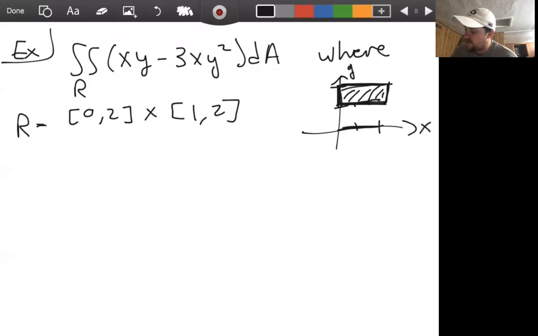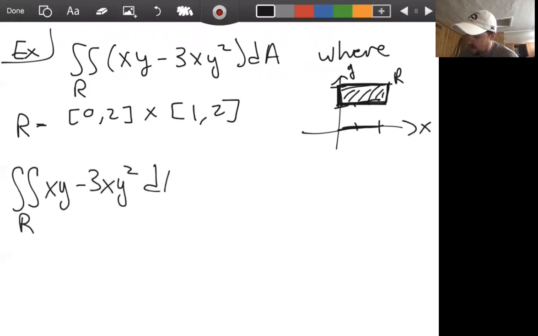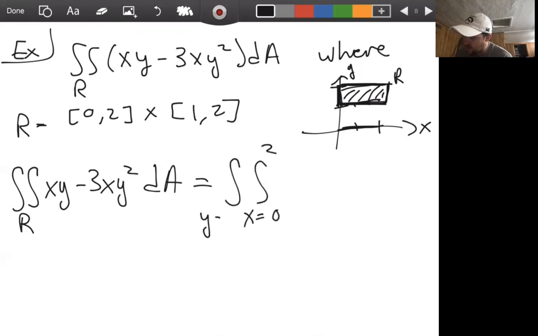This is our region R. And thanks to Fubini, we can write this as the integral of xy minus 3xy squared dA. And now it doesn't really matter what we integrate with respect to first, I think either way it'll be pretty similar. So this is x goes from 0 to 2, and then y goes from 1 to 2 of xy minus 3xy squared dx dy.